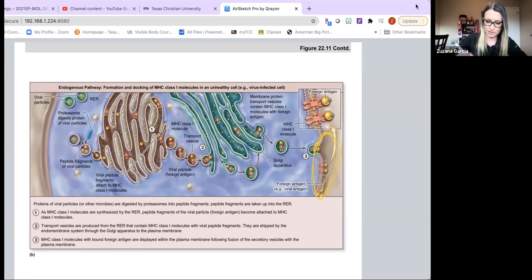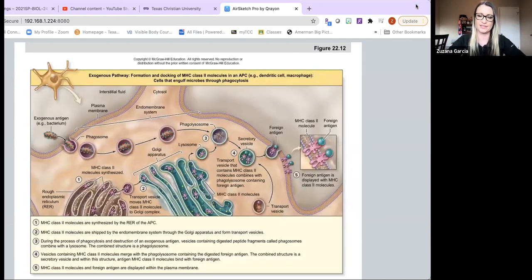Anyway, let's look at our antigen presenting cells here, okay? This third picture shows you what happens inside of an antigen presenting cell. When an antigen presenting cell engulfs a pathogen, such as in this case a bacterium, as it's on the picture, it's not getting infected.